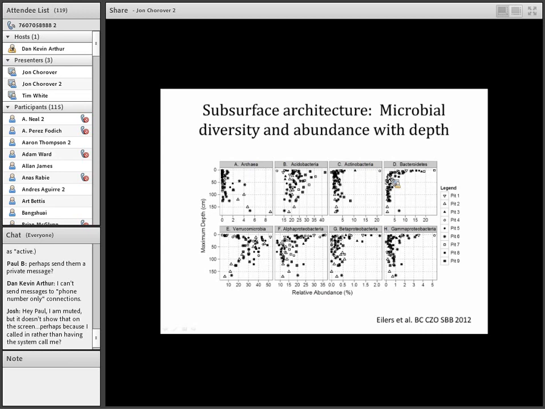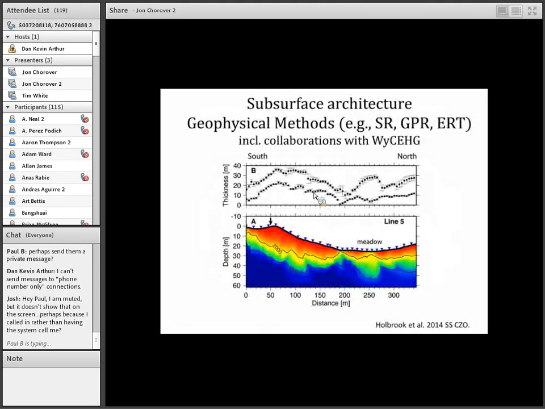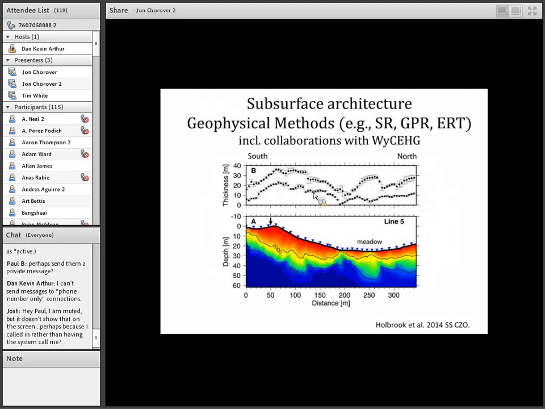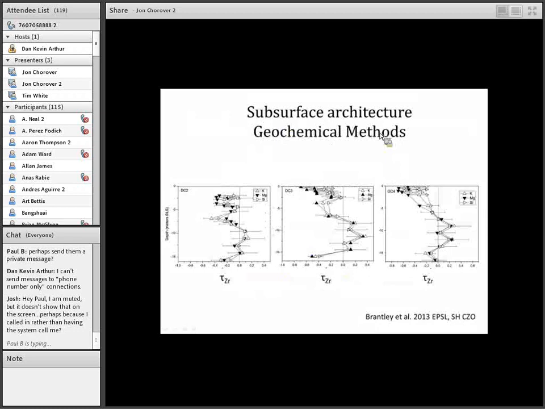Another way, of course, to access the deep critical zone is through deep borehole excavations, and this is another area where the CZOs are collaborating, and these deep borehole excavations can then be used for borehole instrumentation, for well installations, and deep groundwater sampling and temperature gradient measurements, etc. But the borehole data itself, that is the weathered material that's extracted from the borehole, is very useful for geochemical characterizations.